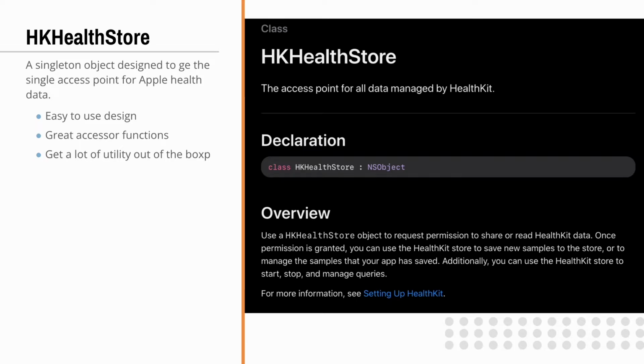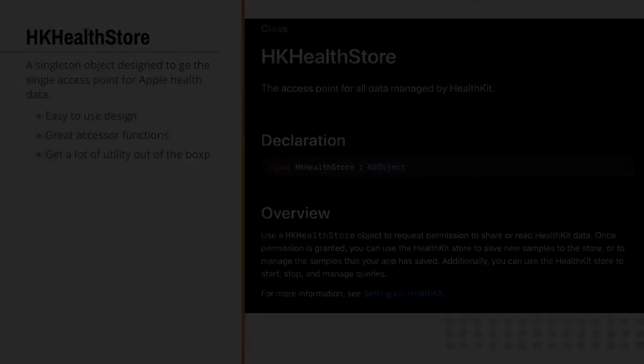So this is basically your single access point for any data that you want to get out of Google's HealthKit cloud architecture. And I can show you a little bit about that. There's going to be a little demo about this a little bit later.